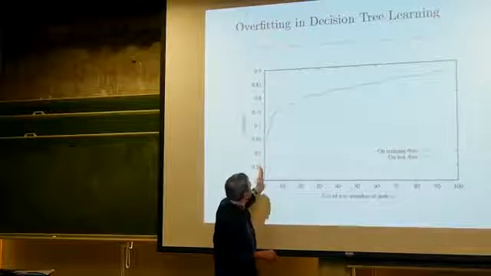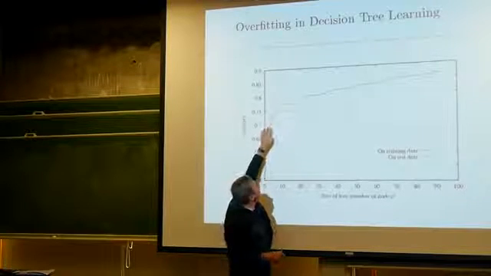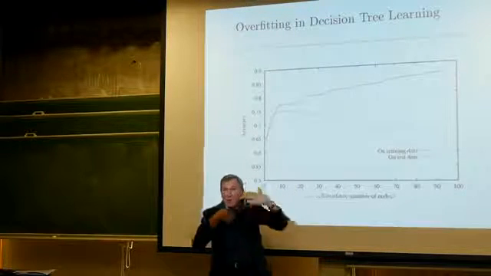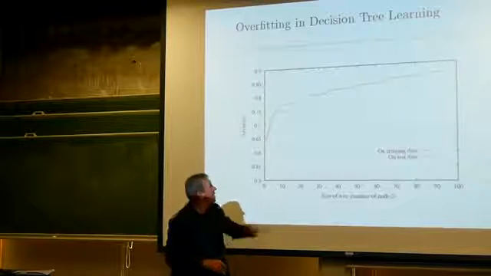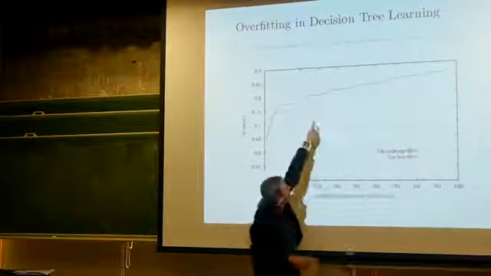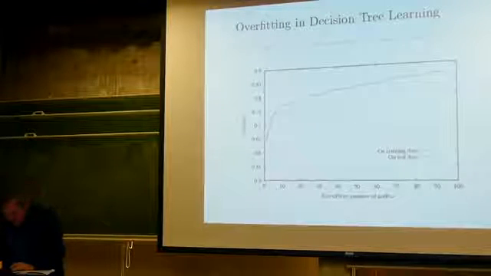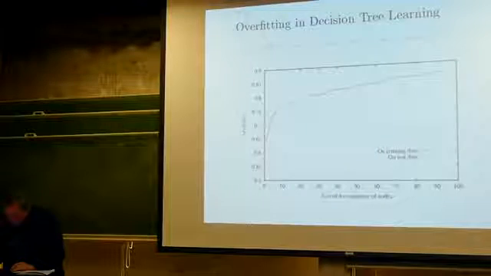And here you can see as the tree grew, originally, as we started adding nodes, its accuracy was improving on both sets. But eventually, even though it was getting better and better on the training set, it was getting worse and worse on the held out data.